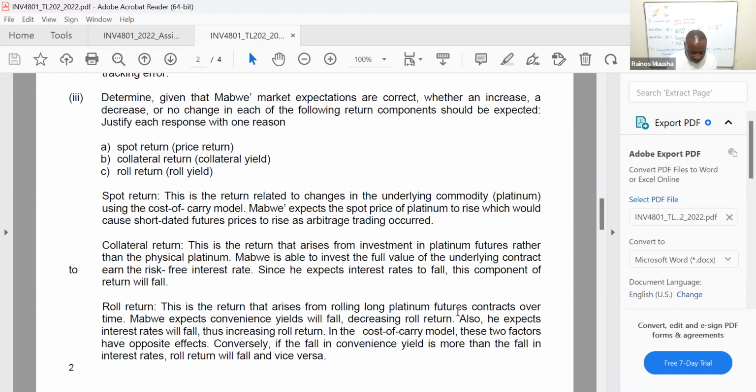But at the same time, he expects interest rates to fall, and this is going to end up increasing the raw return as well. So the overall effect on the raw return will depend on which one has a bigger effect, the convenience yield or the interest rates. That is what's going to cause the raw return to either go up or go down. Are we on the same page?